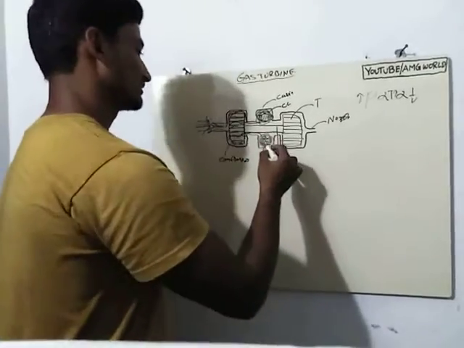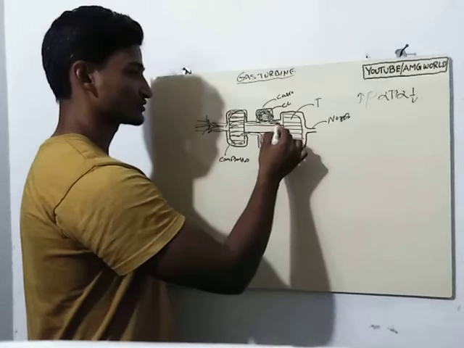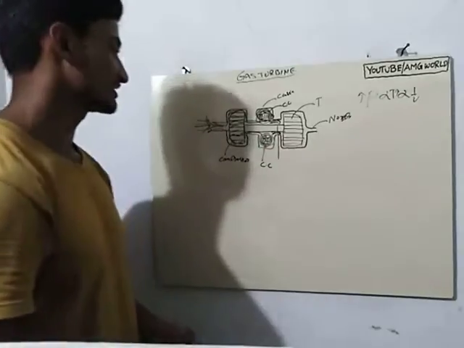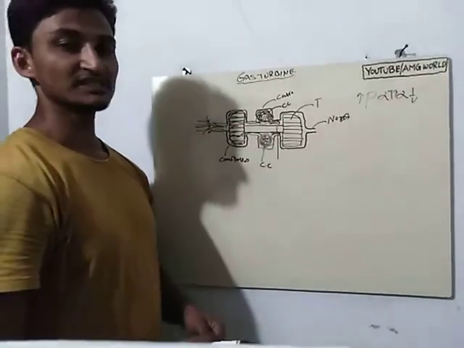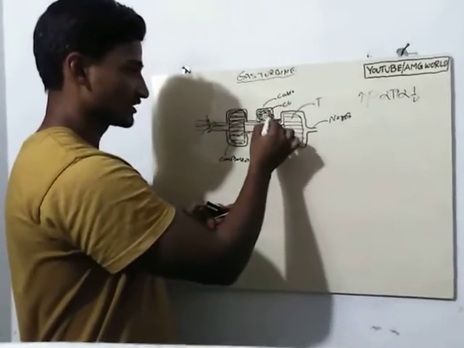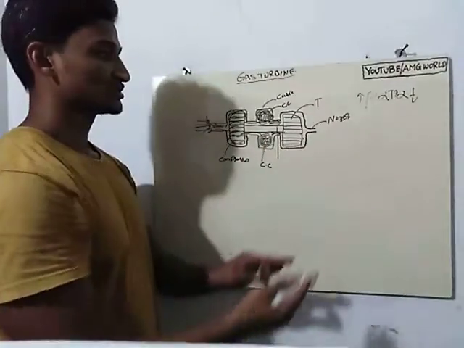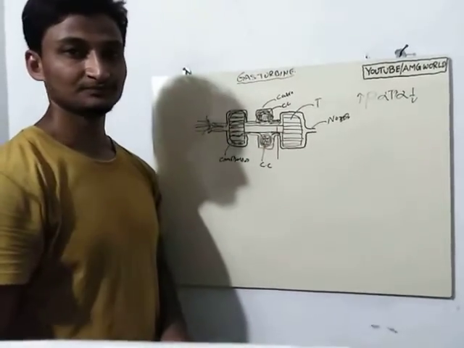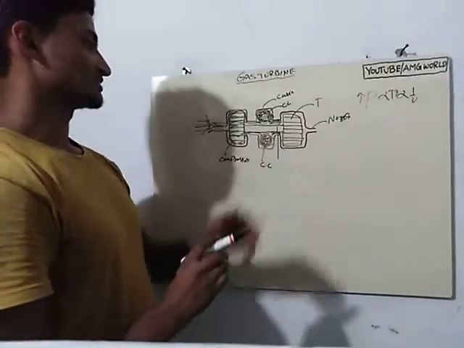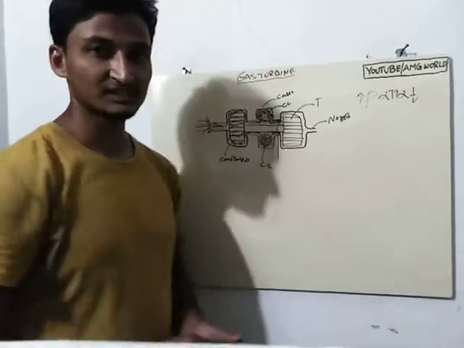So later it results in forceful flue gases escaping in this direction, away from this combustion chamber. Just next to the combustion chamber we have the turbine section. What happens when these forceful flue gases touch the blades of the turbine?